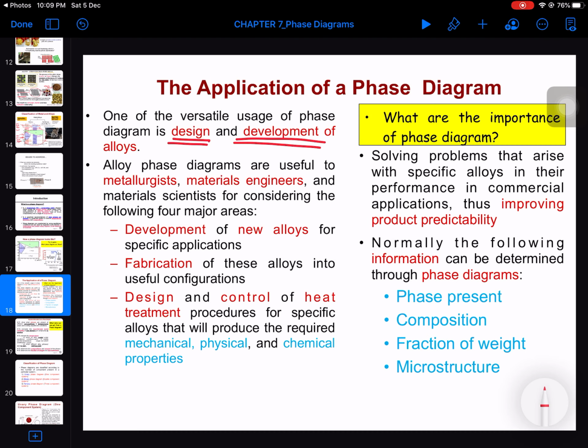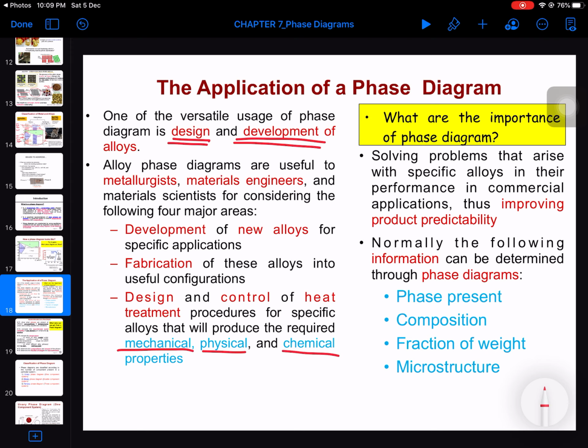Next is the fabrication of these alloys into useful configurations, and also to design and control heat treatment procedures for a specific alloy that will produce the required properties, such as mechanical properties, physical properties, and also chemical properties.